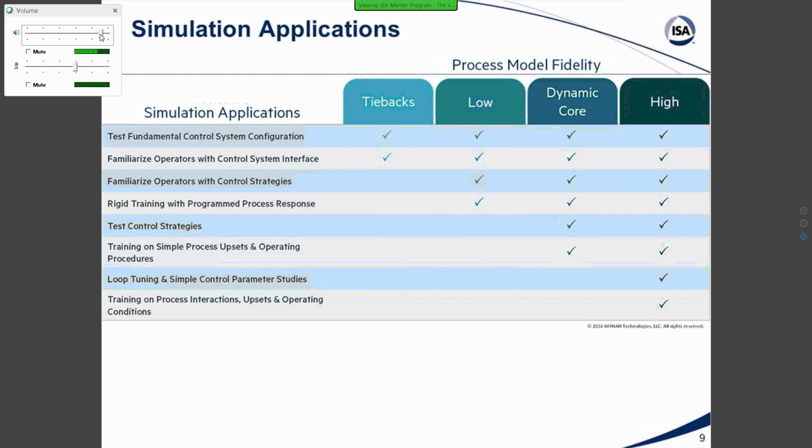That can be tested. And the other piece is that it allows you to familiarize operators with the control system interface from a training perspective. So that's the low-hanging fruit in terms of simulation, as it doesn't really allow you to train on any process interactions or process control.